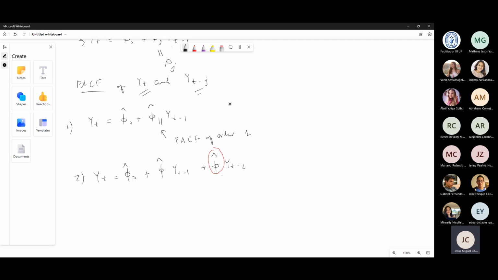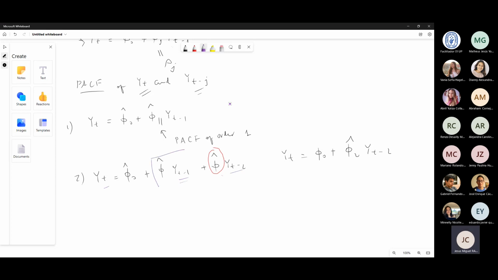When you compute the ACF of order 2, you run this regression: constant plus just this lag. But here in this regression, you introduce the lag between this guy and this guy.